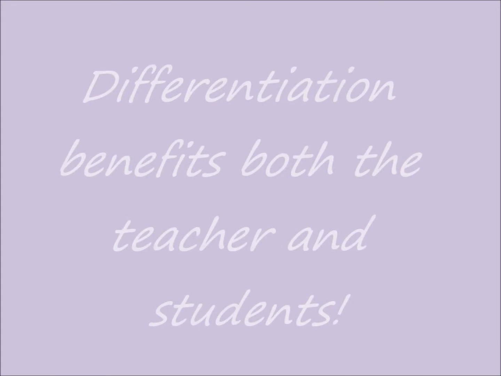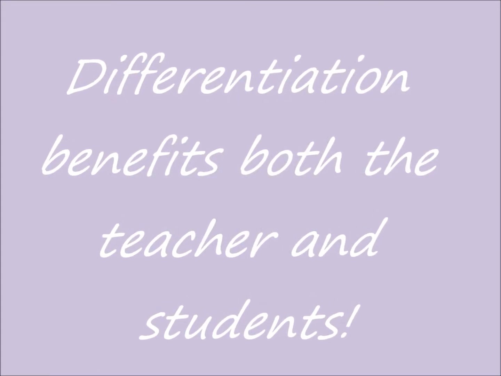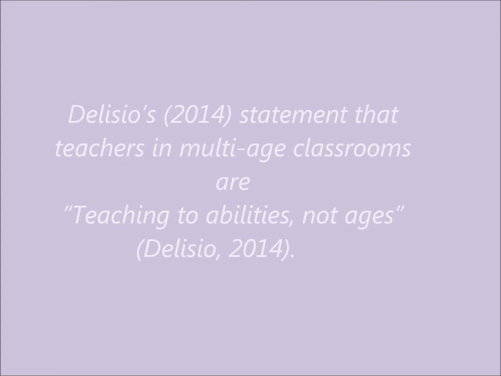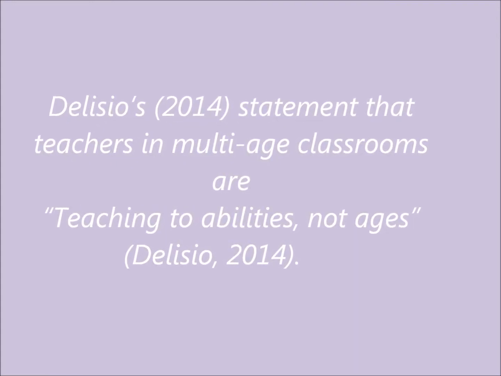Using differentiation to create lessons and unit plans will benefit both the teacher and student and is definitely agreeing with Delezio's statement that teachers in multi-age classrooms are teaching to abilities, not ages.